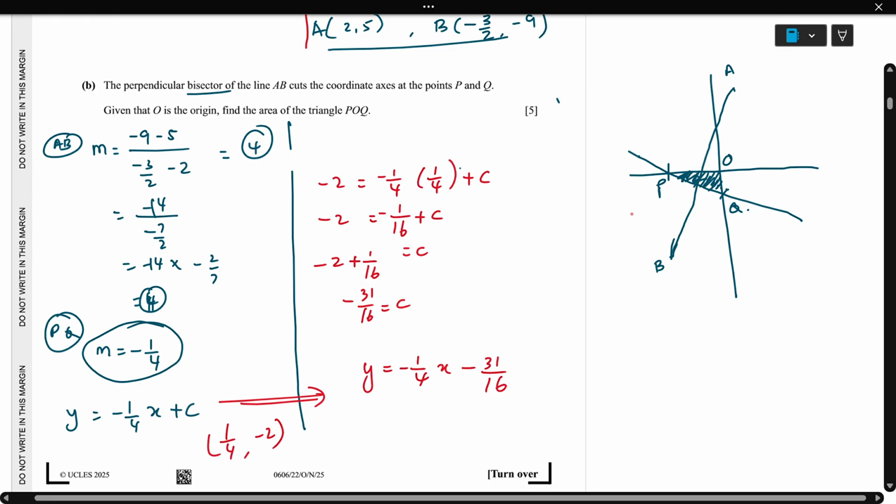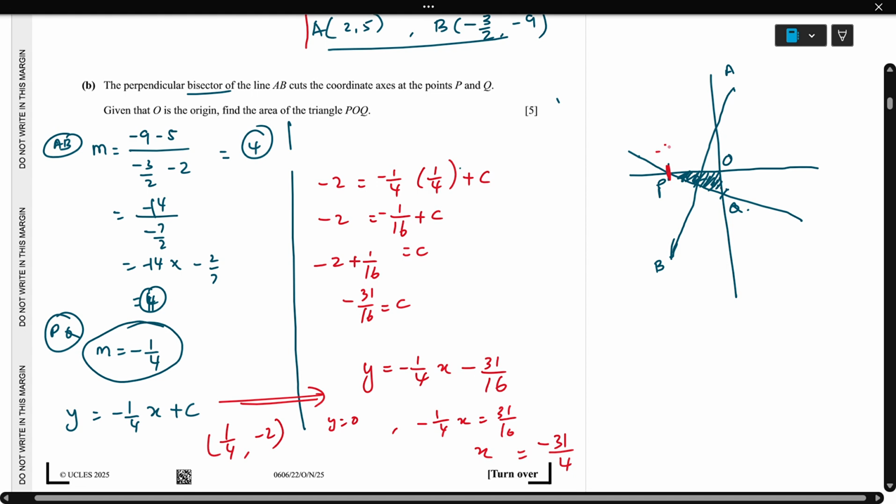Now we need to find the P and Q values. P is the x-intercept, so y equals 0. Plugging in y equals 0, we get minus 1 by 4 x equals 31 by 16, so x equals minus 31 over 4.